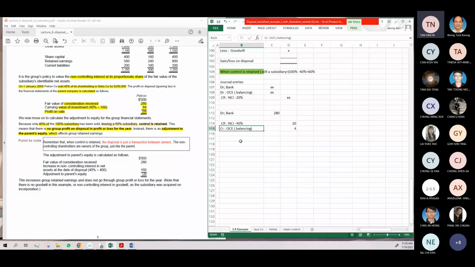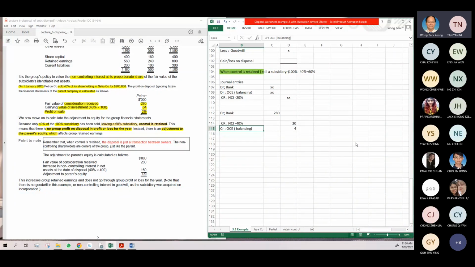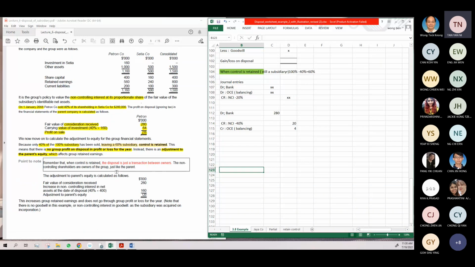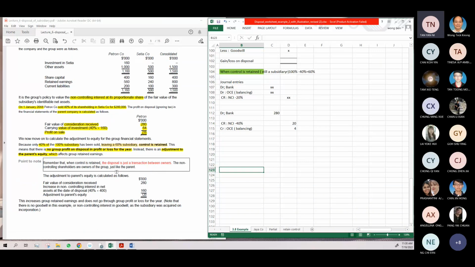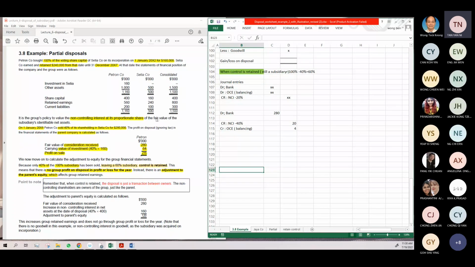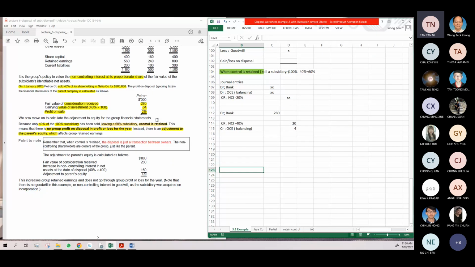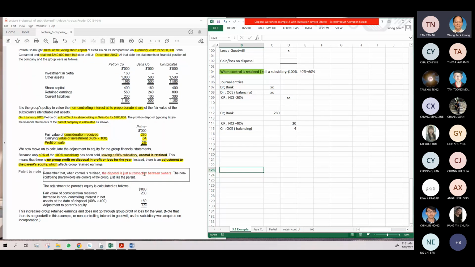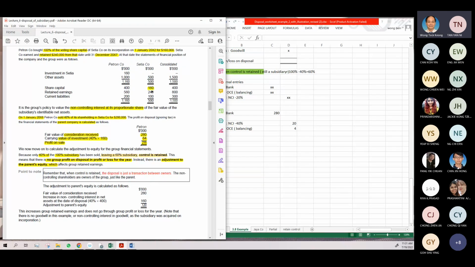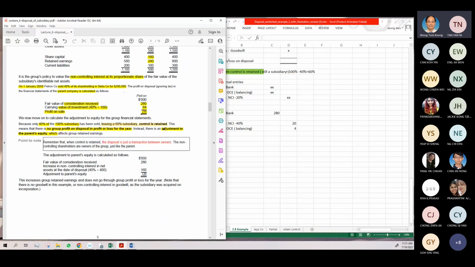So in this case, the 40% NCI is 160,000. So you get the net asset of the subsidiary. The net asset of the subsidiary will be 160,000 share capital plus retained earnings 240, so 400. So 400 times 40% is 160.